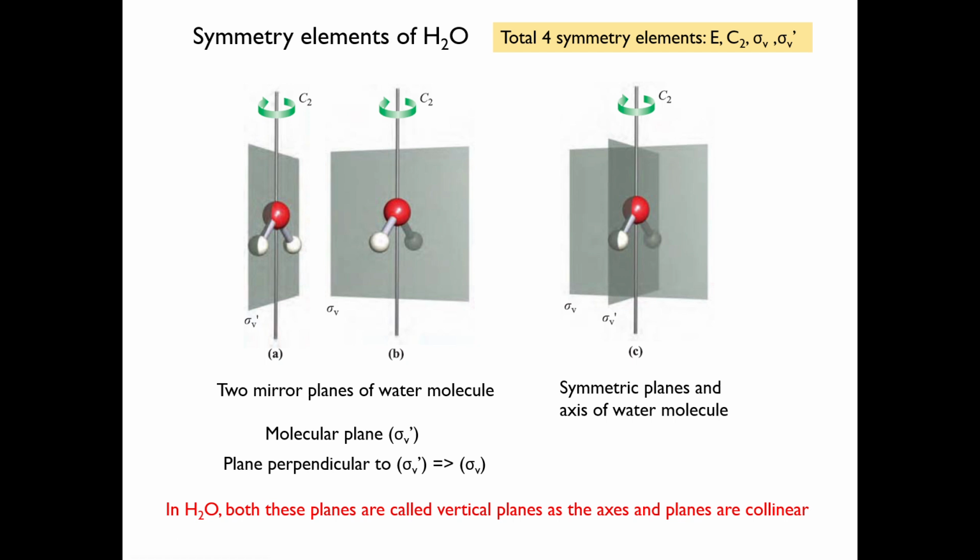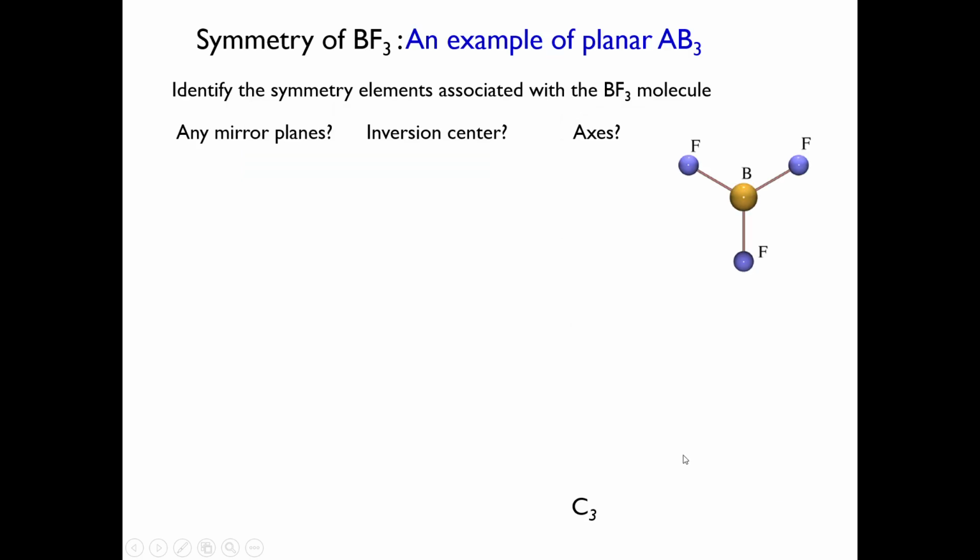So a total of 4 symmetry elements are possessed by the water molecule: E, C2, sigma v passing through only oxygen, and sigma v prime passing through all the atoms of the molecule. These two sigmas are vertical.